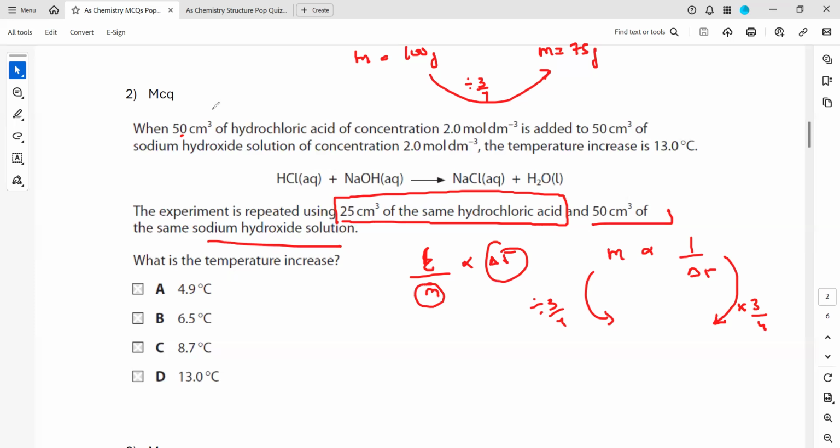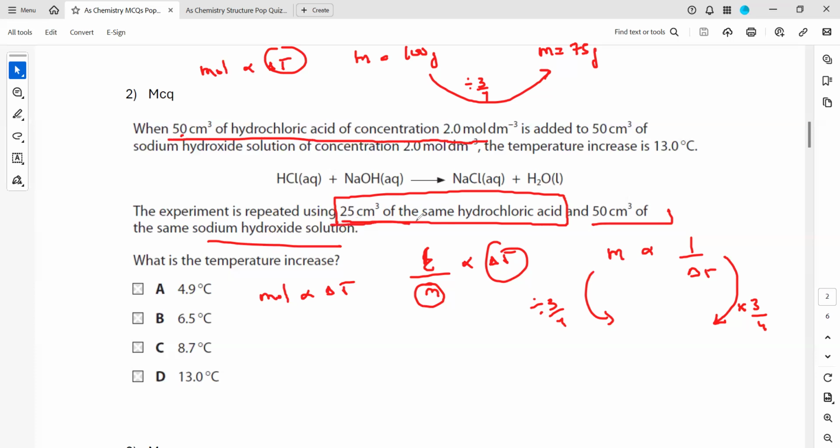And what about the moles? If I use a greater number of moles, I will have a greater change in temperature. So moles and temperature change are directly proportional. In the first experiment, we use 50 cm cube and 2 mole per dm cube.